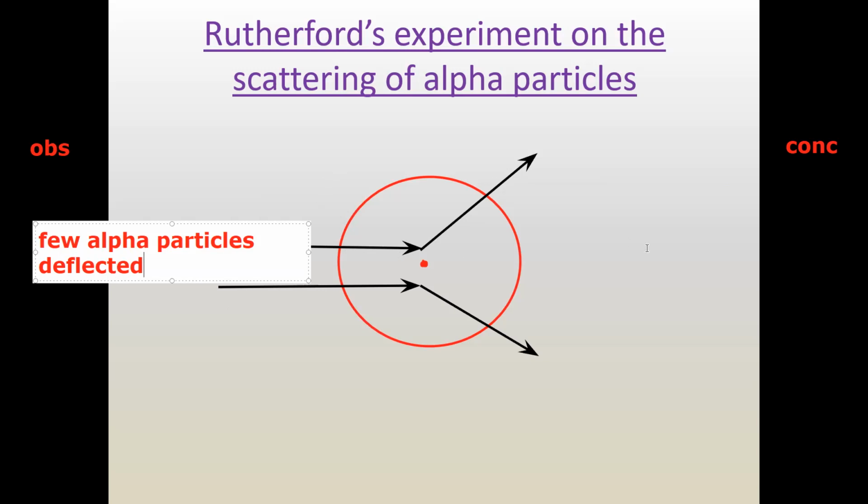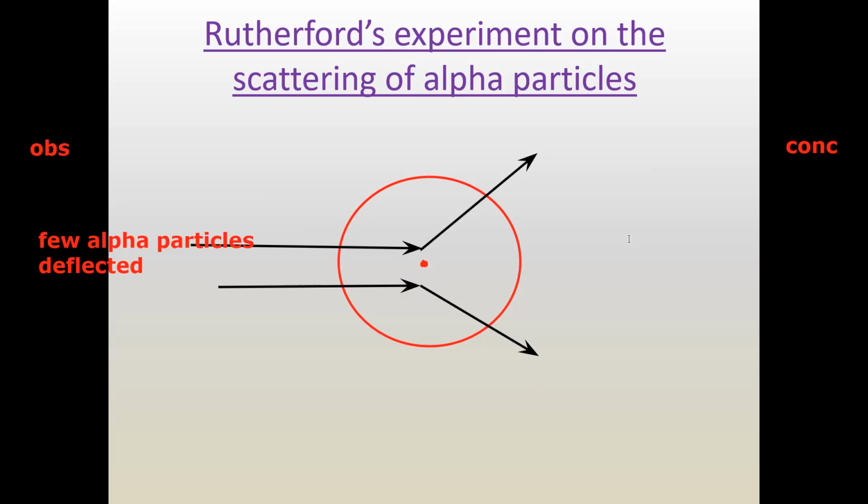So what he suggests for this, he said that the nucleus, because alpha particles, why they are changing the direction, it means alpha particles are repelled. There is a repulsion between the alpha particle and the nucleus. Otherwise, if alpha particles were attracted, then these alpha particles should move towards the nucleus, but they are repelled. That's why they're moving away from the nucleus.